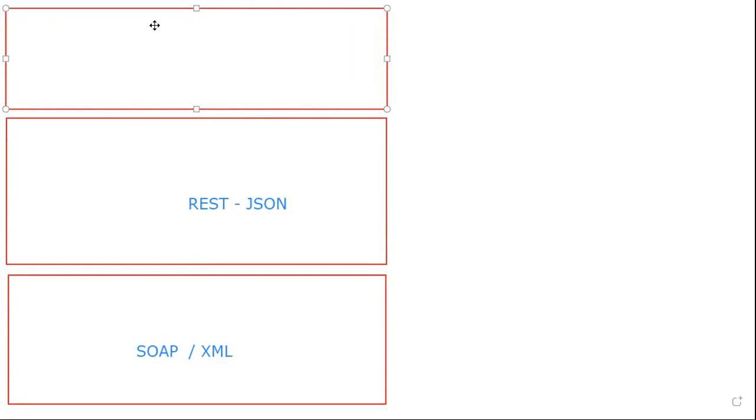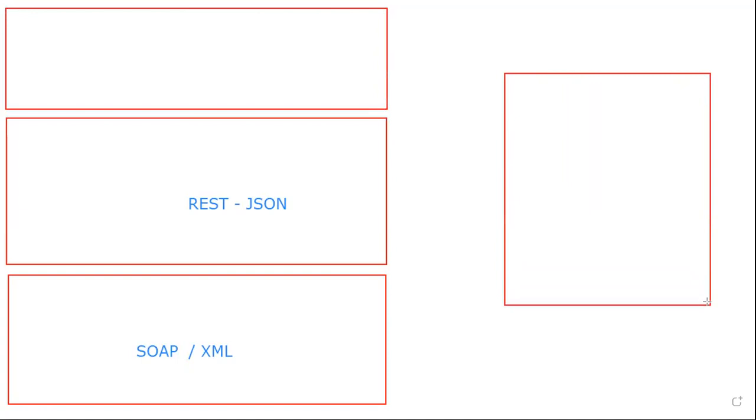Okay, so these are the three ways by which the server exposes its business logic and data. As a client, we can choose these ways to talk with the web service and in return get back a response.